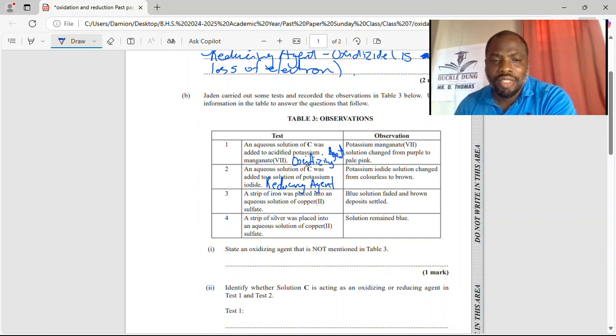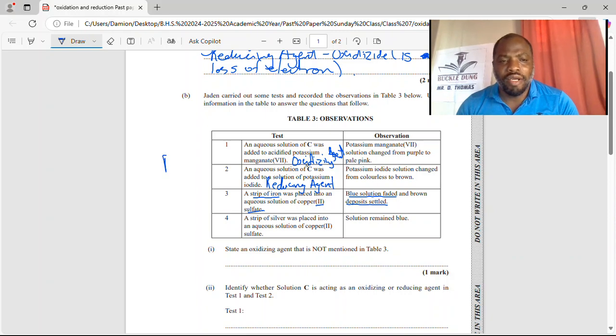Now it says for this part, a strip of iron was placed into an aqueous solution of copper 2 sulfate. A blue solution faded and a brown deposit settled. Now, even though this is a little bit in terms of oxidation and reduction, right here you have to know some knowledge about the concept of the reactivity series.